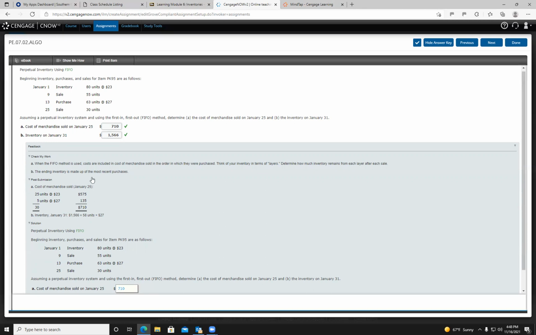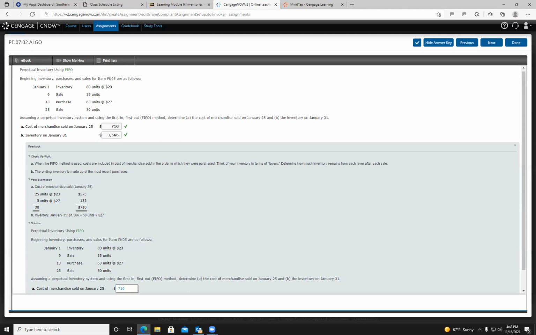First things first, we have to calculate this transaction right here. On January 9th, we sold 55 units. The only inventory we had on hand when we did that sale were the 80 units at $23 a unit.